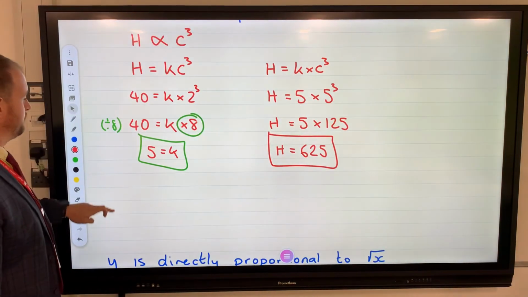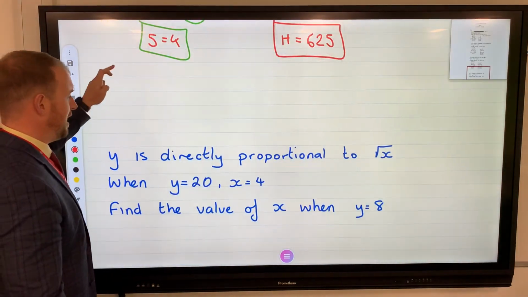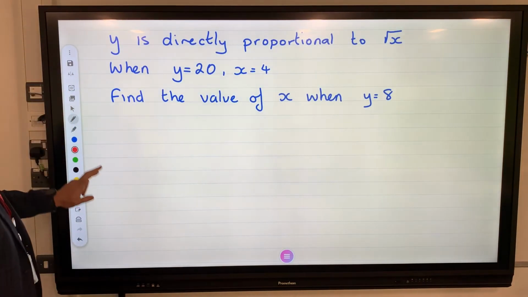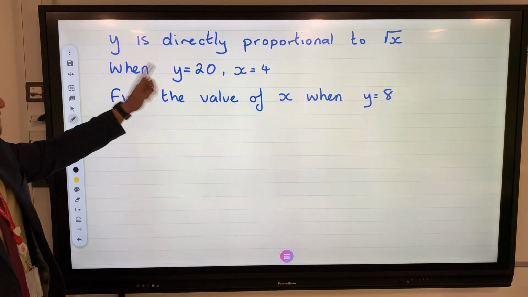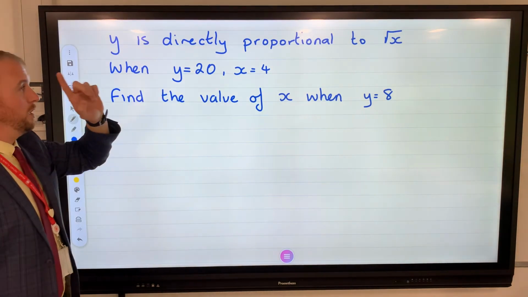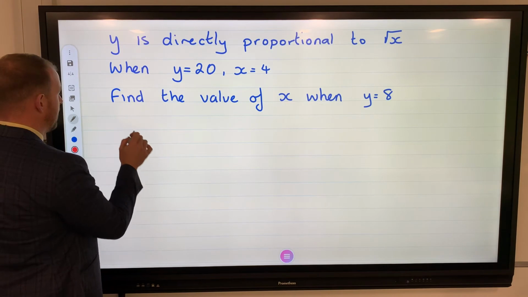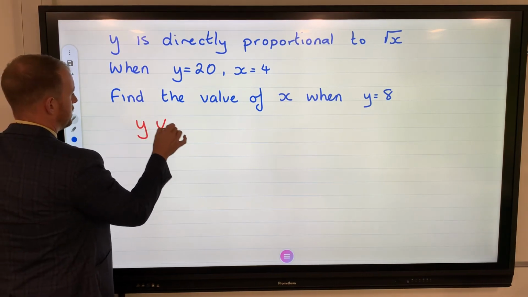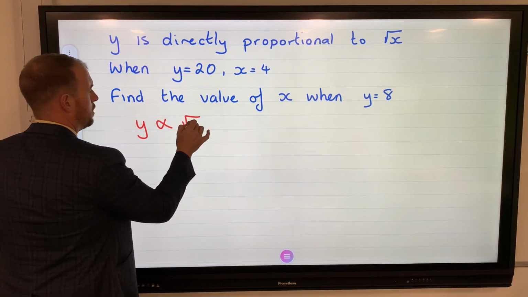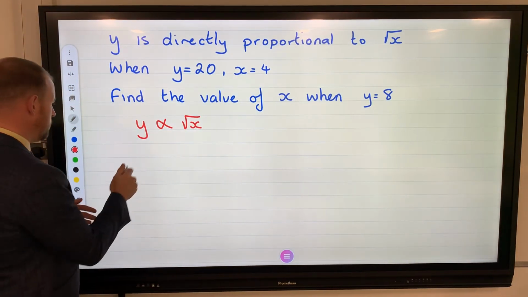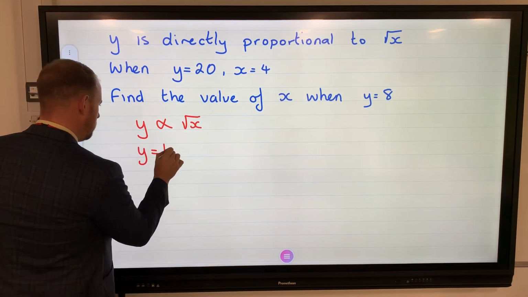Now I've got one more. You'll notice they are increasing in difficulty every time. So this time, y is directly proportional to the square root of x. So let's write that as a formula.